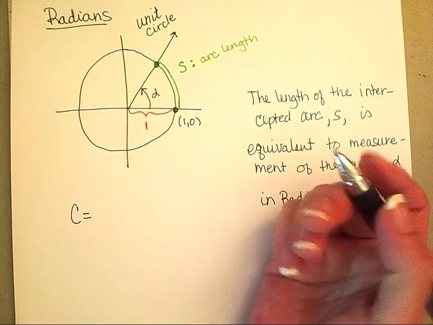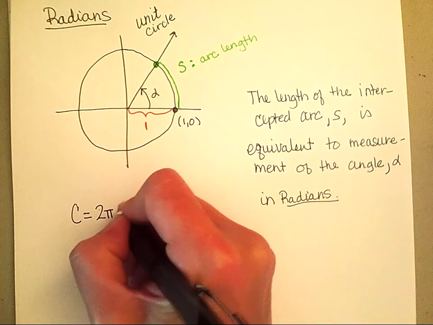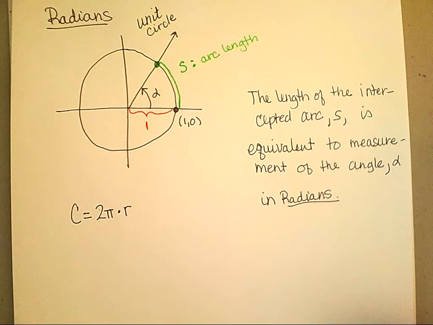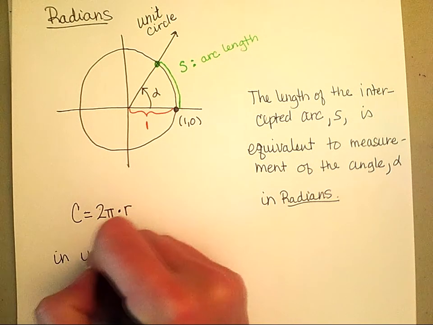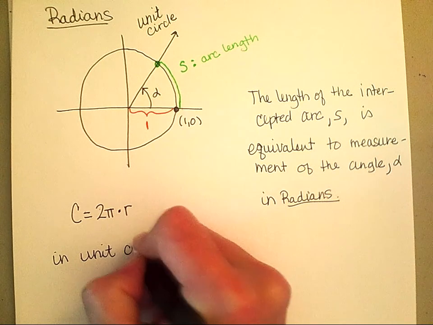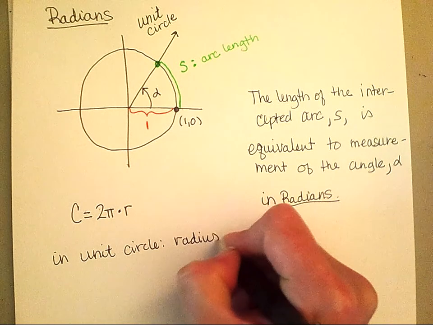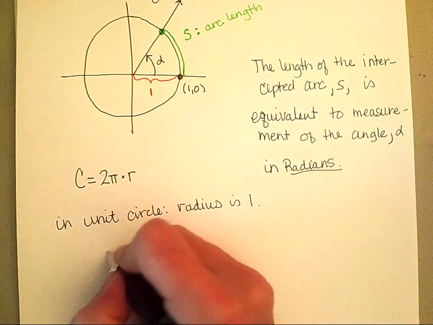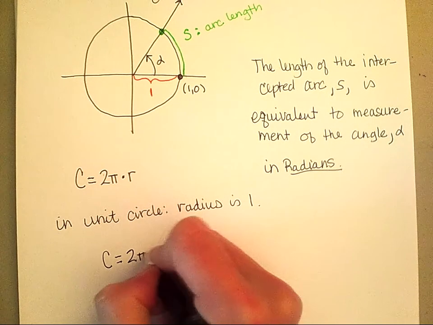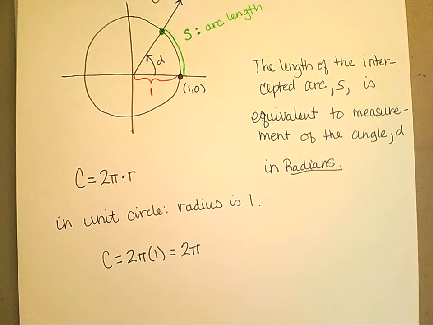Now, let's think about what the circumference of a circle is. The circumference of a circle is 2 pi times the radius. Okay, that's for any circle. Now, in a unit circle, that is where the radius is 1, we get the circumference is 2 pi times 1, which is simply 2 pi.